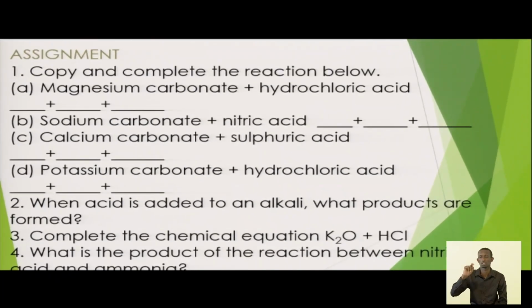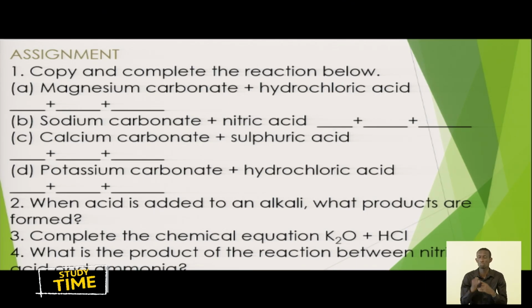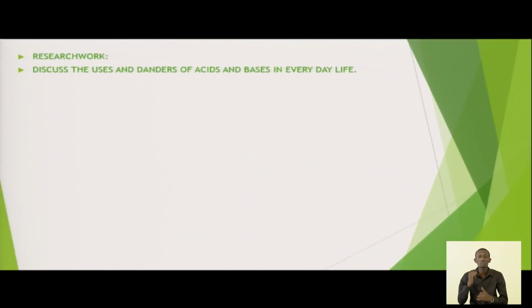And then I won't leave without giving you an assignment. I would wish that you take a snapshot of this if you have a smartphone, so that you can capture all the information. And lastly, this is what you are supposed to do.